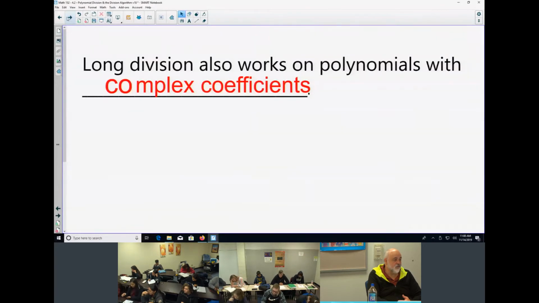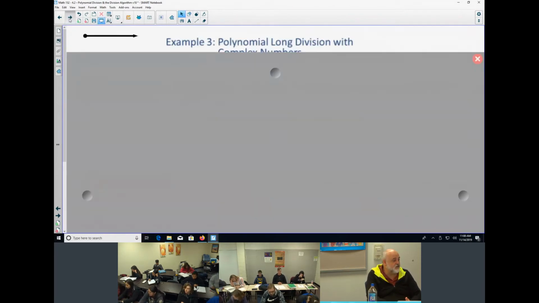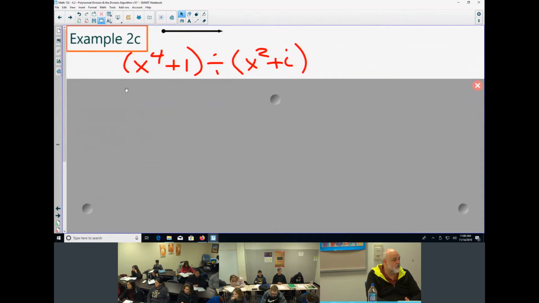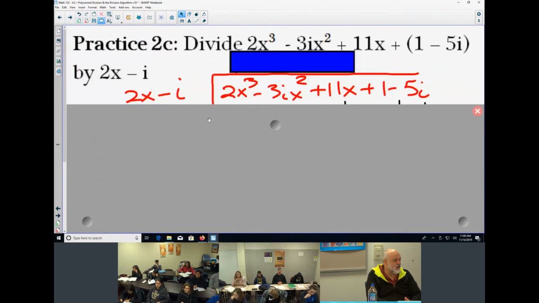All right, so we said that we can also do long division when we have complex coefficients. So let's do an example of that. Let's just go ahead and do the practice problem together.